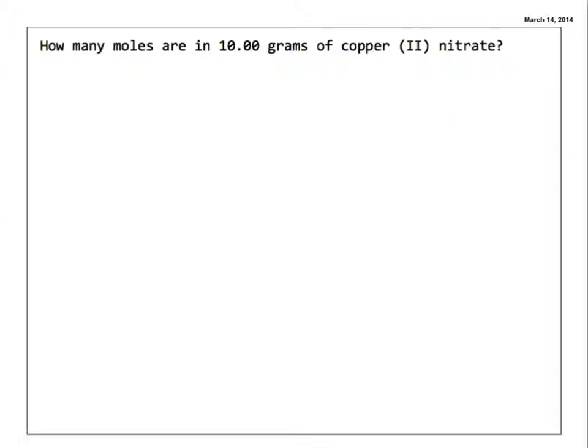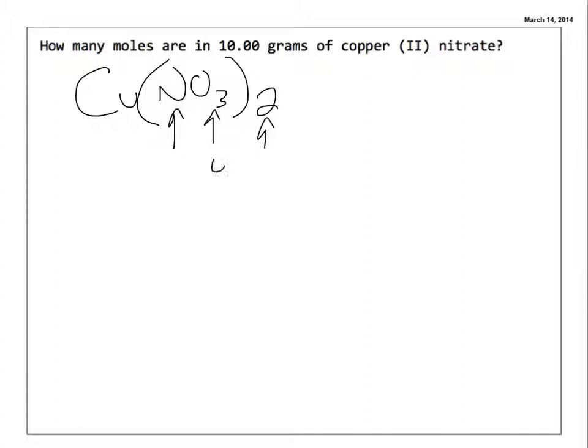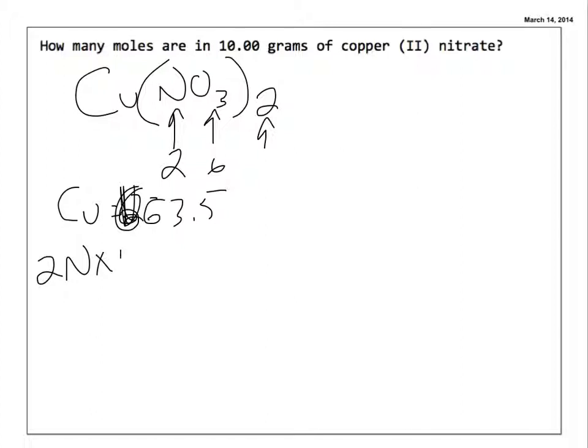Ten grams of copper nitrate, copper 2 nitrate, and copper 2 nitrate has the formula Cu(NO3)2. So that's a copper, and the 2 here doubles everything in the parentheses, so it's 2 nitrogens and 6 oxygens. So copper is 63.5 grams. Nitrogen, there are 2 of them, times 14 grams is 28.